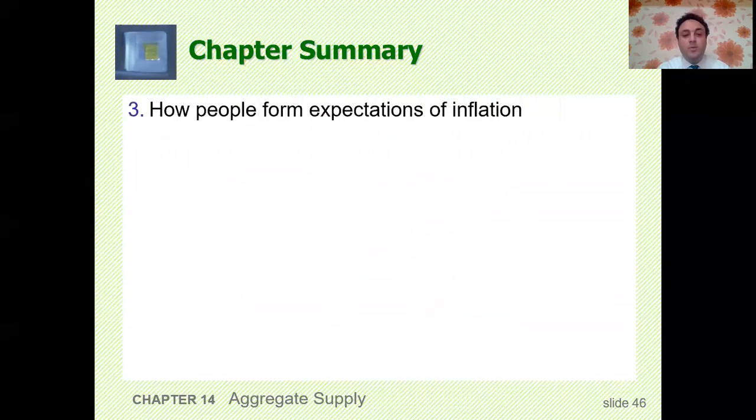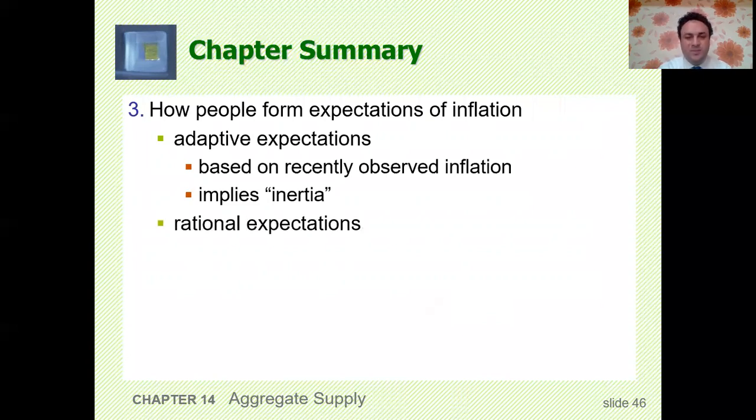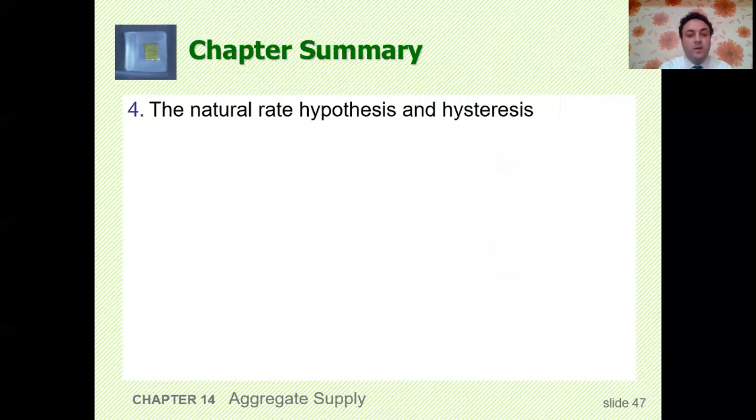Third, we saw how people form expectations of inflation. There are the adaptive expectations, based on recently observed inflation, which implies inertia. Also, the rational expectations, based on all available information, which implies that disinflation may be painless. Finally, the natural rate hypothesis and the hysteresis.